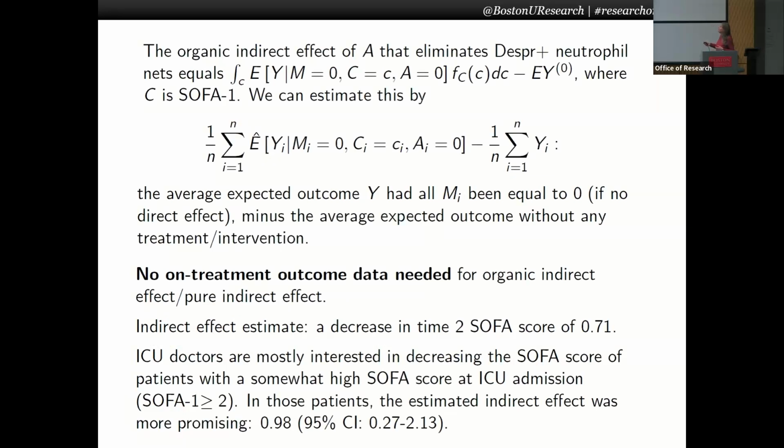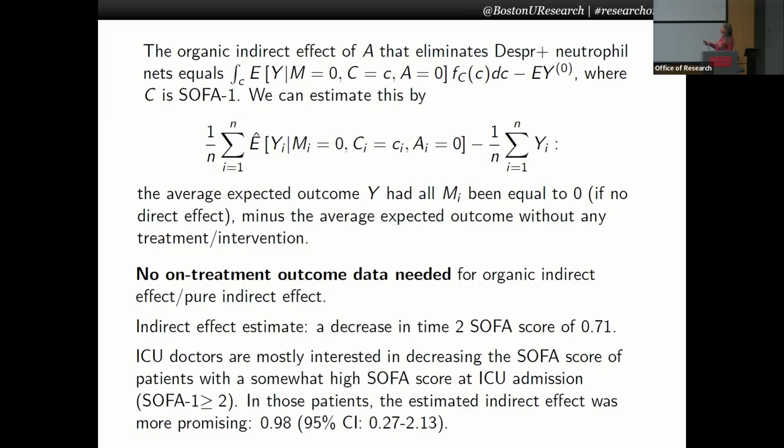So doing that, we looked at the organic indirect effect of a treatment A that eliminates positive neutrophil nets. And we can look at that, we compare the outcome that is actually observed in these people, compare it with what if first the common causes come about, then the mediator is equal to 0 because the treatment is supposed to eliminate all positive neutrophil nets.